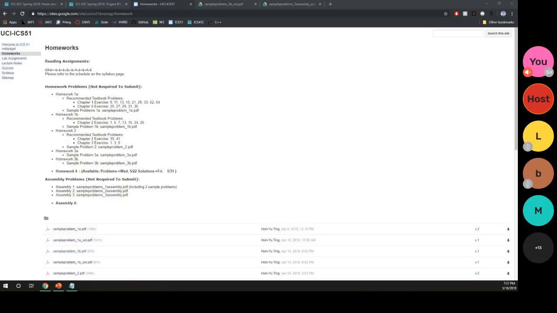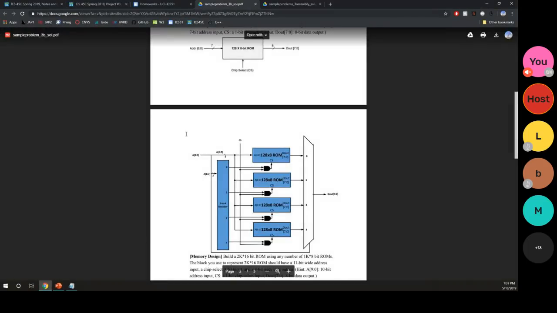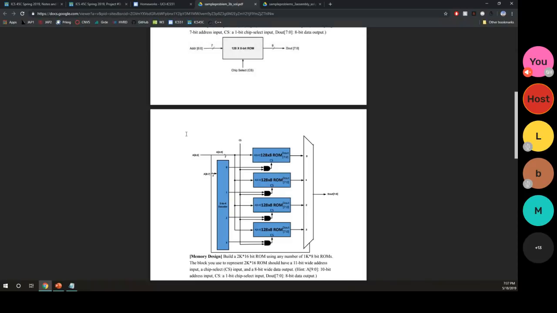But if I have 4 4 gigabyte sticks, then I have 16 gigabytes of options. Does that make sense? It's the same sort of concept. You're just allowing for space.